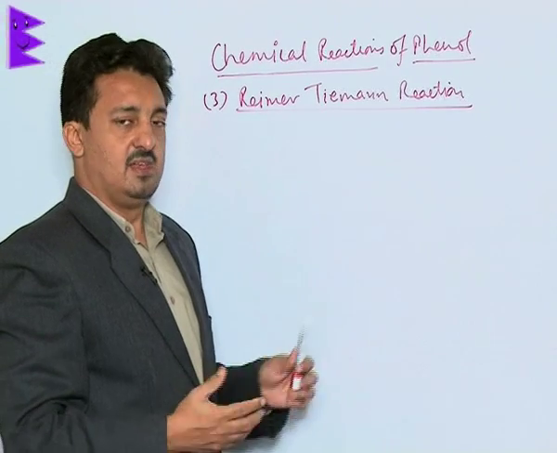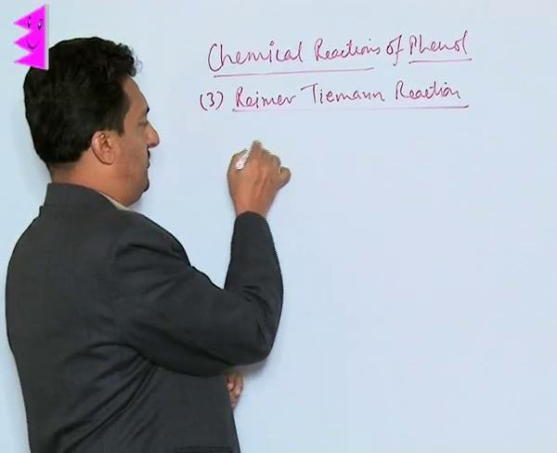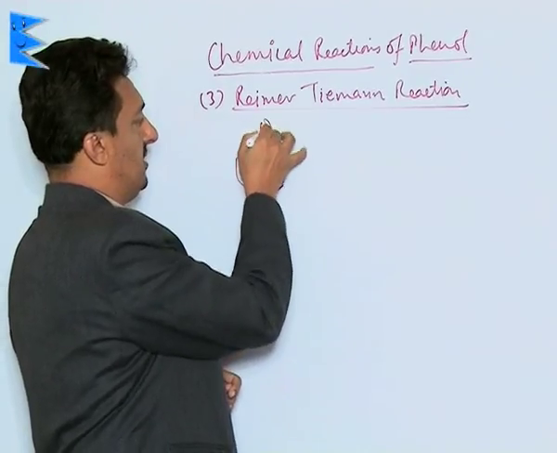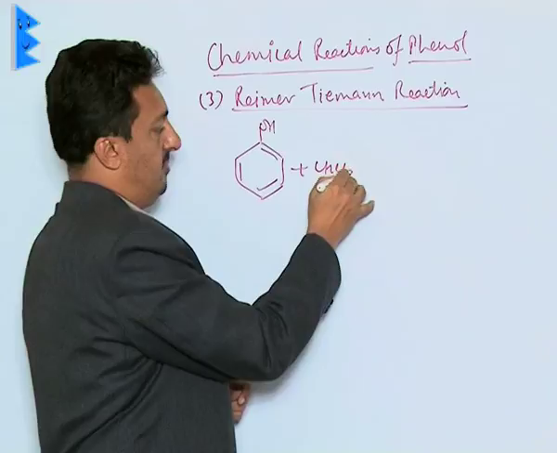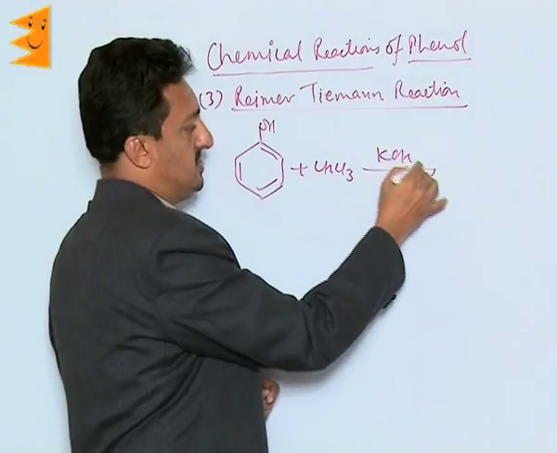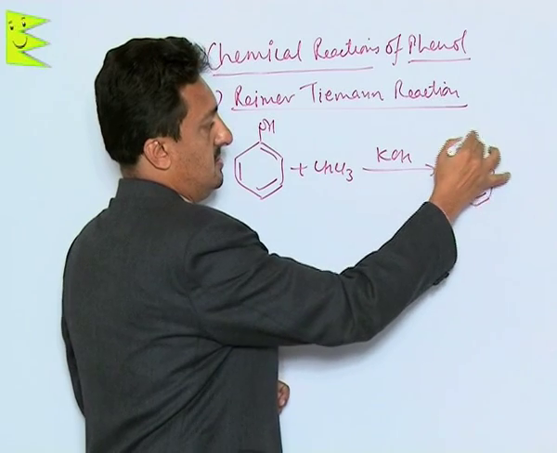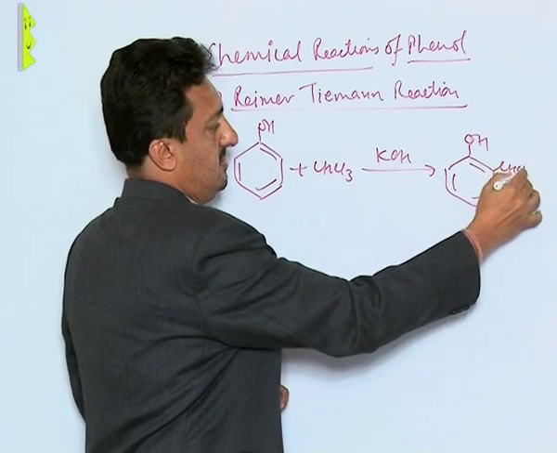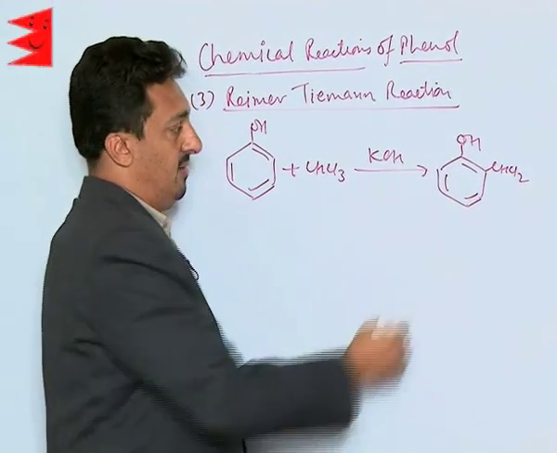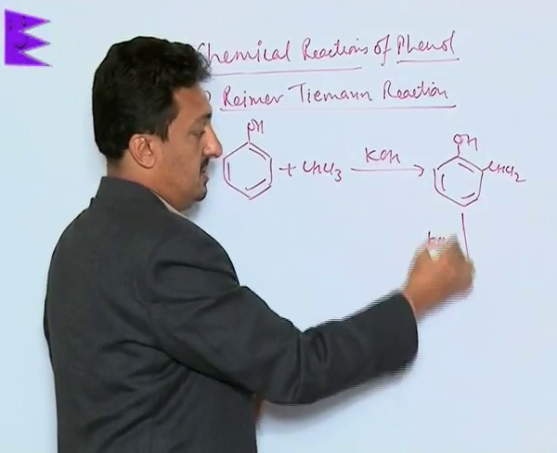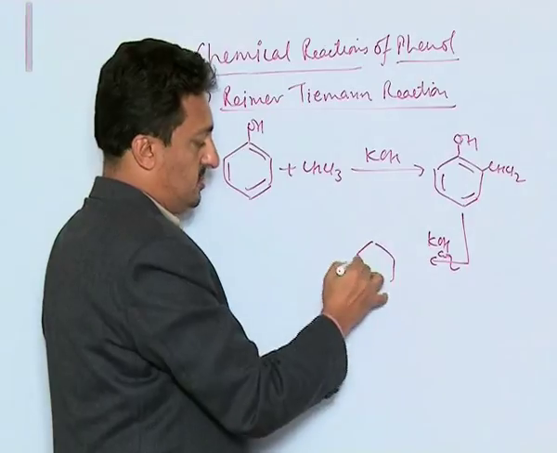Reimer-Tiemann reaction is another named reaction, a very important reaction of phenol, in which when phenol is reacted with chloroform in presence of KOH, what we first get is this compound, which on hydrolysis, because the KOH taken is aqueous, the two chlorines are replaced by two OH groups.